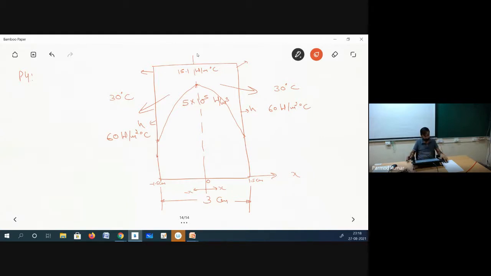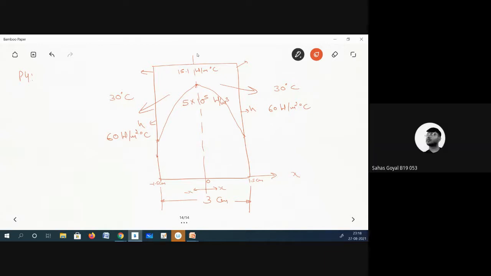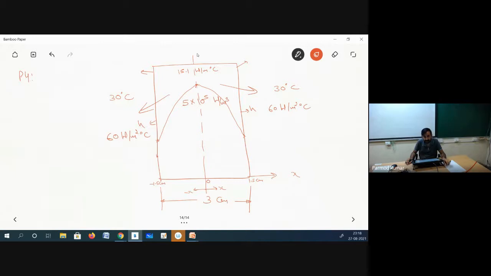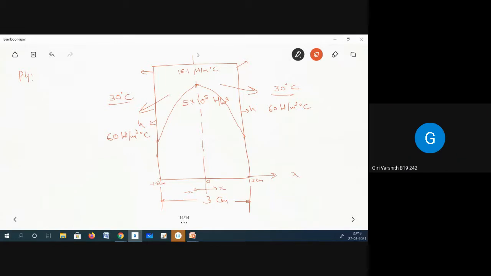Can you tell me? Any one of you? Sir, finding the rate of heat transfer by calculating the temperature difference. But the temperature difference we are not knowing. See, this 30 degrees Celsius is the temperature of the surroundings. So how to determine? From both sides, if the amount of heat is same, then we can equate the energy from one half to the other half. But how to find out that energy?